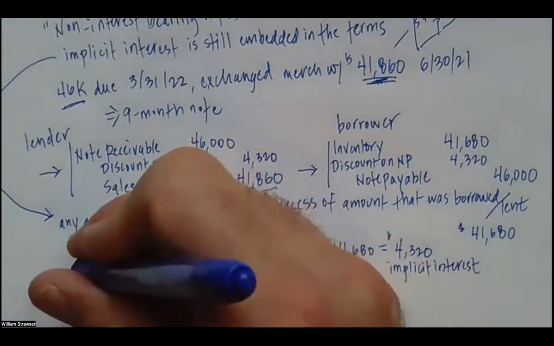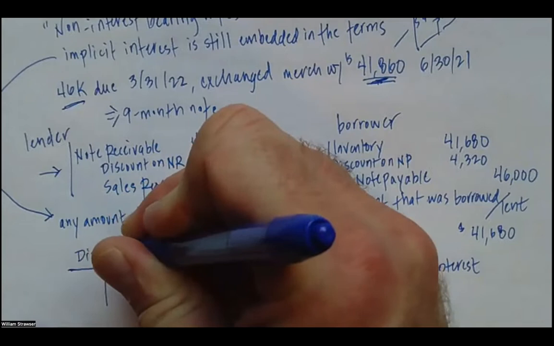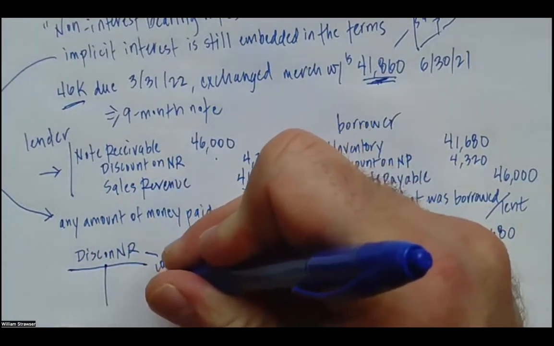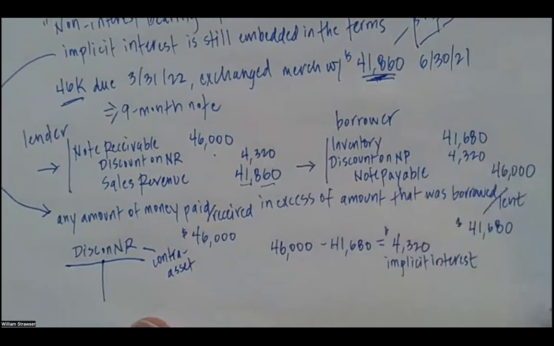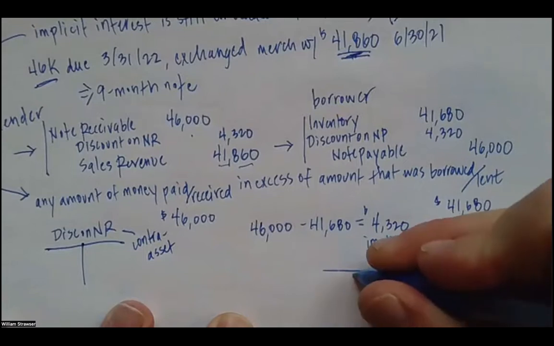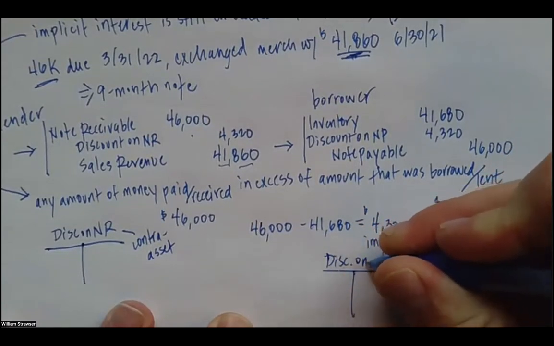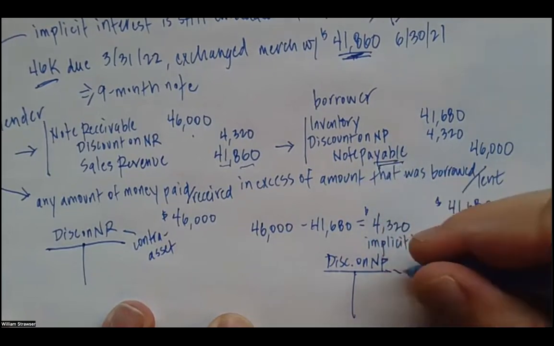Here we have a discount on a note receivable. That's a contra asset. Here we have a discount on a note payable. Because it's paired against a payable, it's a contra liability.